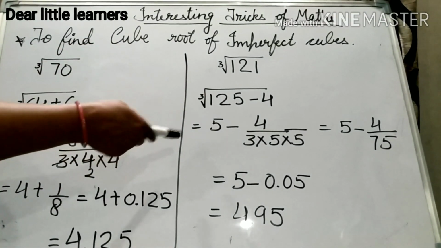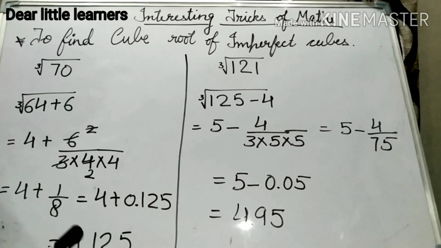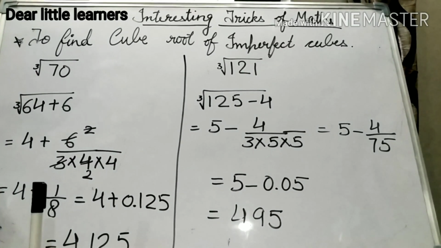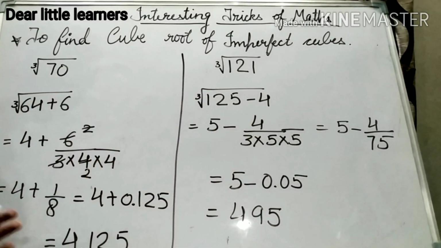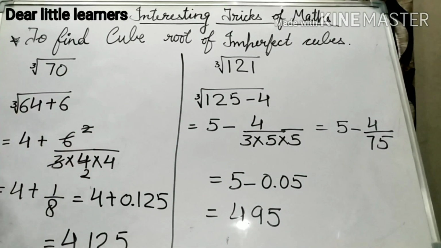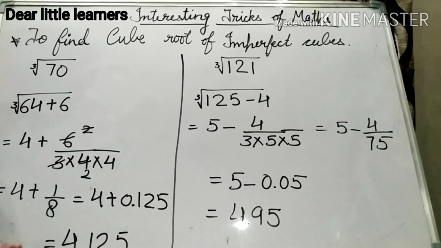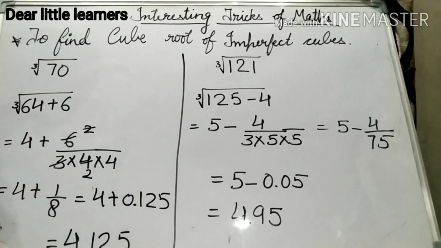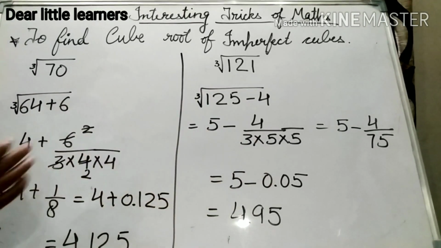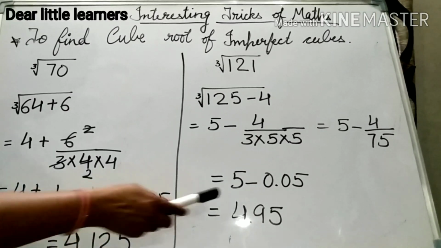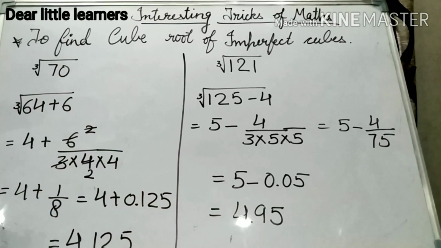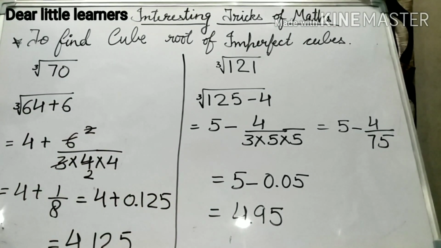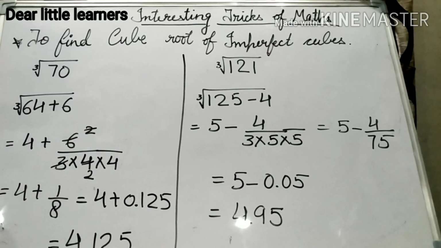We have multiplied the denominator and I have written 5 minus 4 upon 75, because 3 5s are 15 and 15 5s are 75. So 4 upon 75, when I solve it, I have got 0.05. And when we subtract it, we get 4.95, which is the cube root of 121.